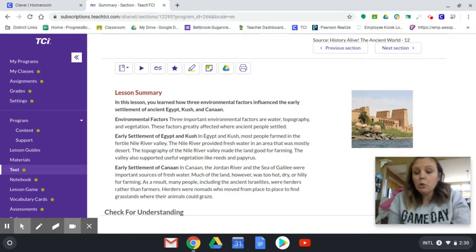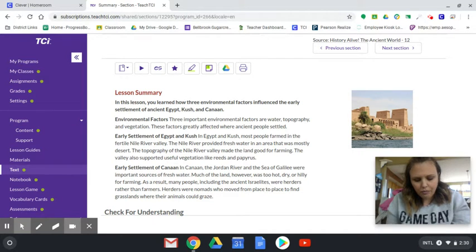The unique thing about the Jordan River is it actually did not flood regularly, so it wasn't good for farming, because the water would not get out onto the land and give that silt. So that's why they became herders and nomads. Obviously, we're going to see vegetation mostly around a water resource because plants need water in order to survive.